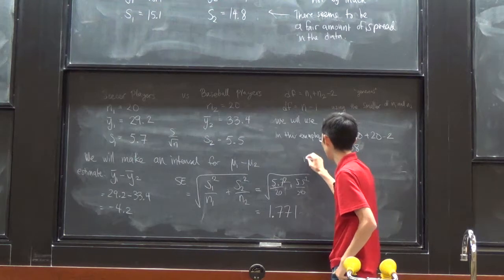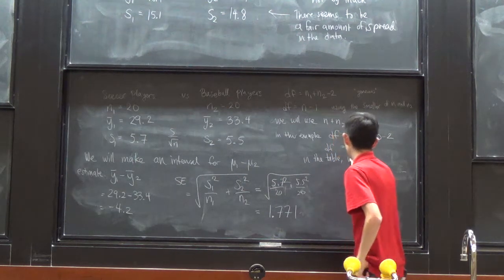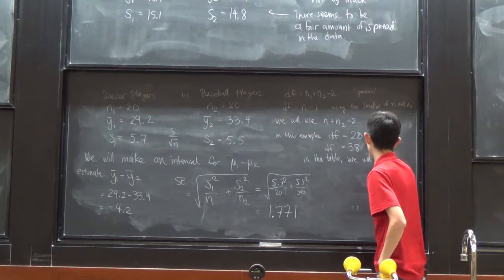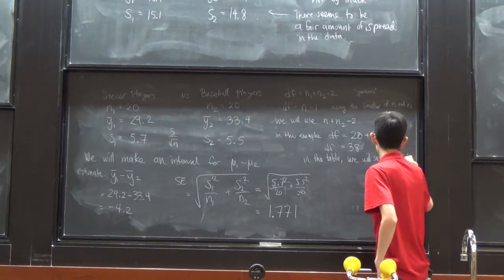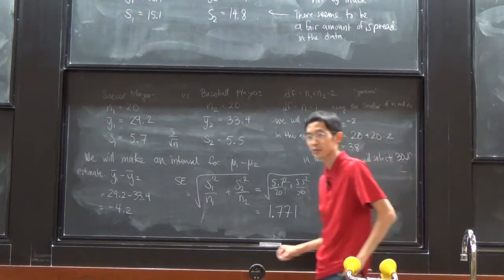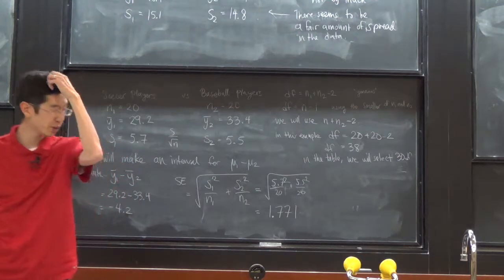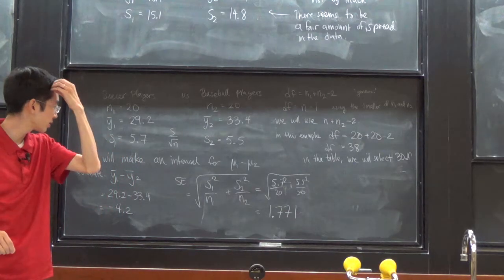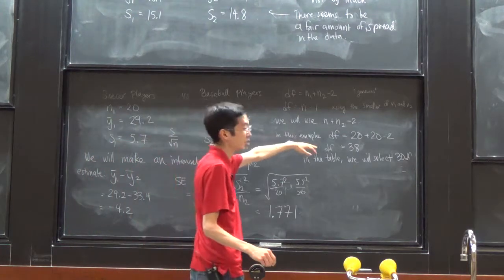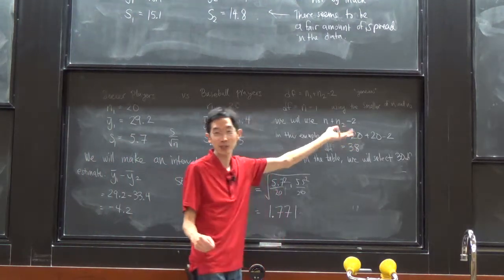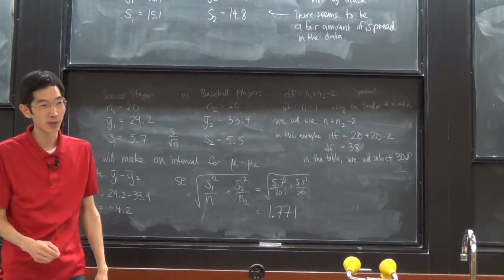So in the table, we will select 30 degrees of freedom. Okay, so we're rounding down. There's 40 degrees of freedom in the table and 30 degrees of freedom. Because we're using the generous number, we're going to play it safe and always round down.